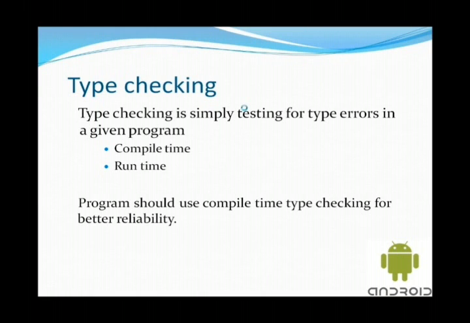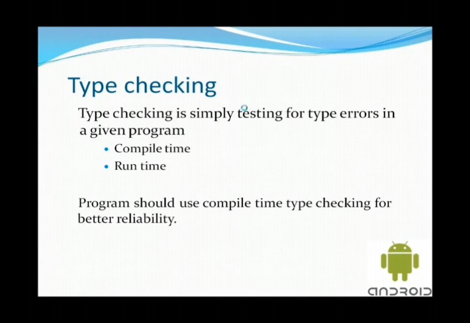Second is runtime. Runtime type checking means that when the program runs, it can catch the type errors. To achieve better reliability, a language should use compile time type checking because it catches errors before running the program. That's good for better reliability.